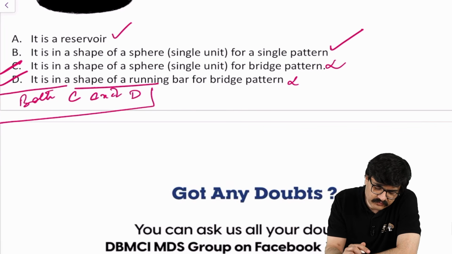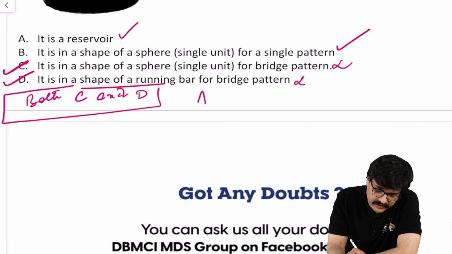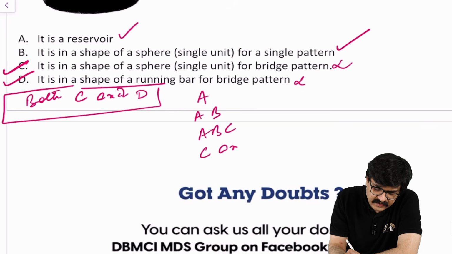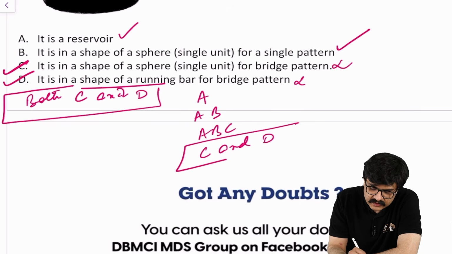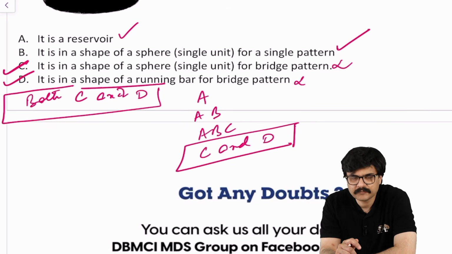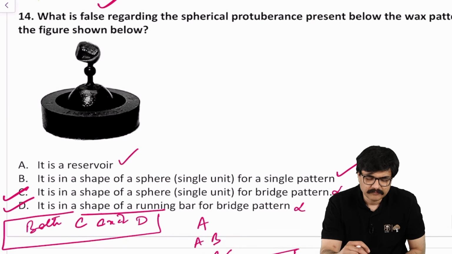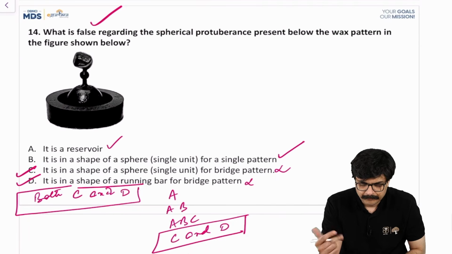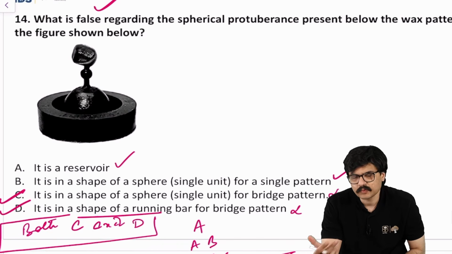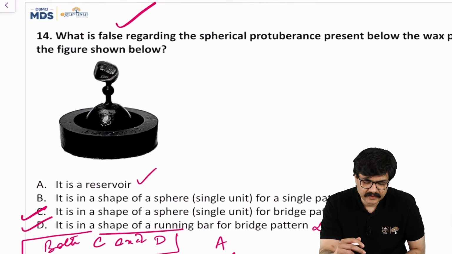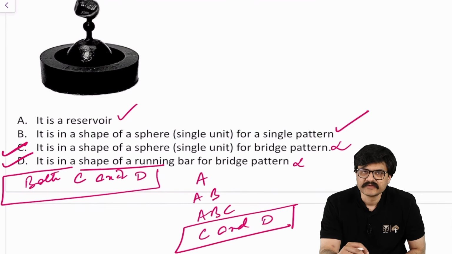When I made this question, it had options like A, B, C, and D. I think the complete question was not typed here, but both C and D are right. So don't worry. This is for your knowledge. This is an applied question. Both C and D are incorrect statements, and both are the answers because they have asked for the false statements.